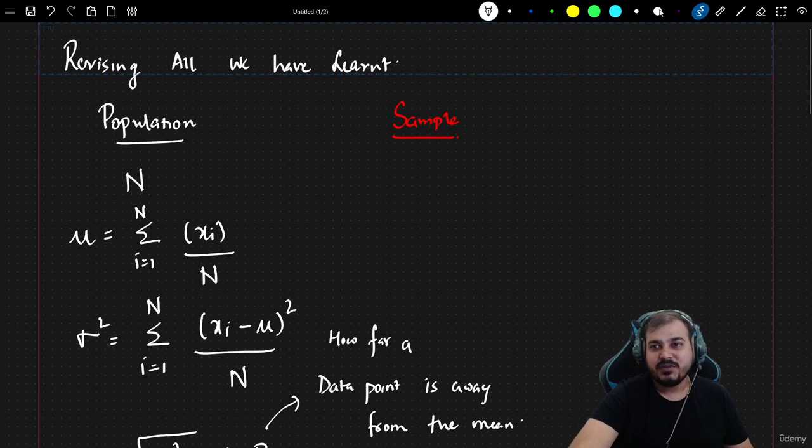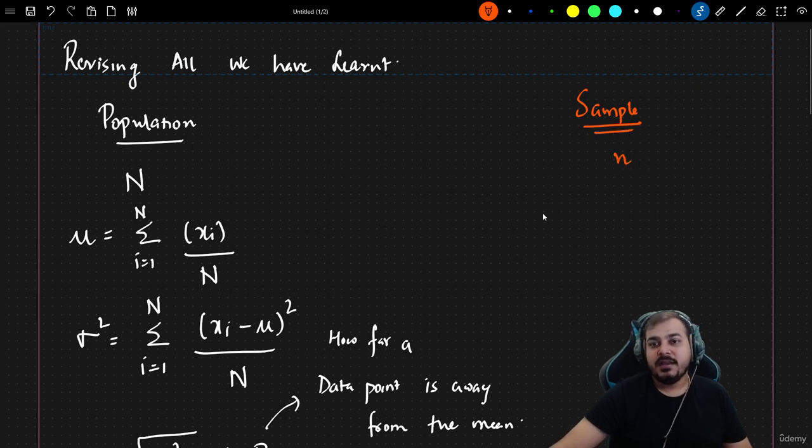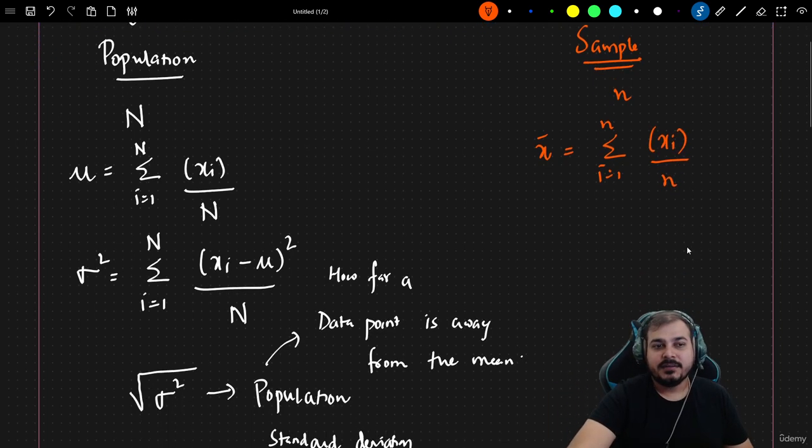Now similarly, if I want to compute the values with respect to sample data, it is quite simple. With respect to sample data, we use small n. The mean is usually given as x bar. X bar is summation of i equal to 1 to small n of x of i divided by small n, and this is my sample mean.